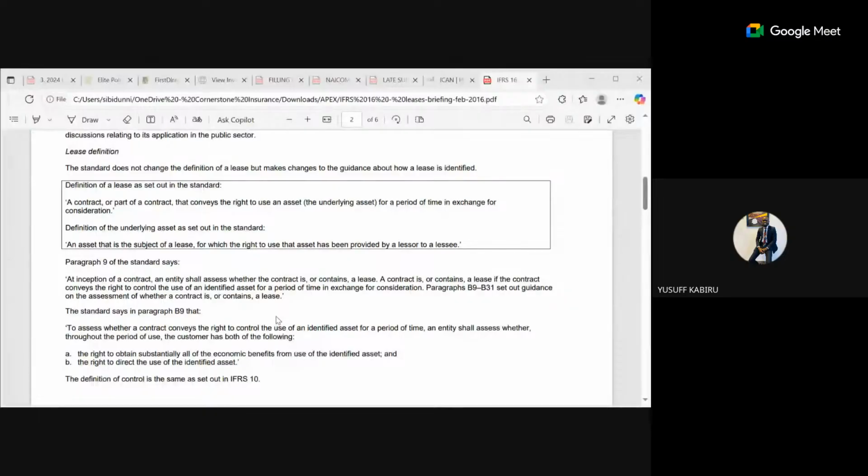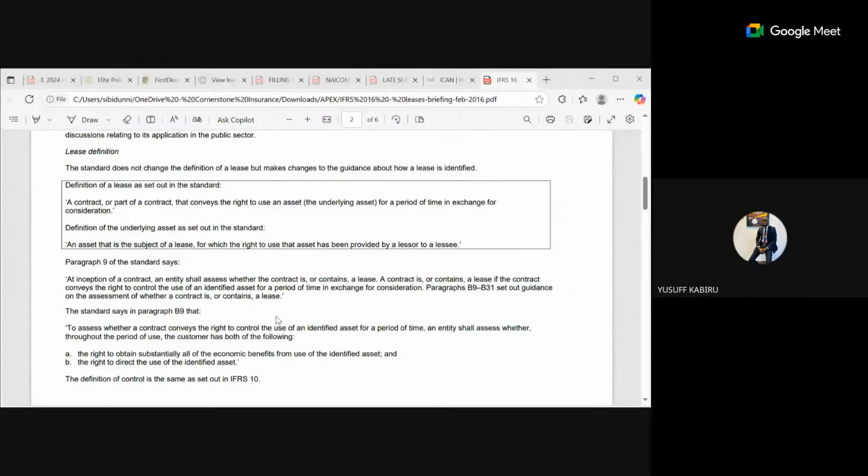Lease definition: the standard does not change the definition of a lease, but makes changes to the guidance about how a lease is identified. The reason they made this statement is that lease was formerly IAS 18. Are we together? Yes, we are together.